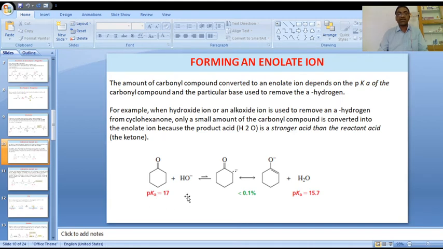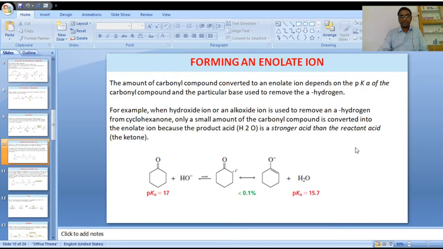It is a weak acid compared with the product, water, and the base is also not suitable for the formation of enolate ion, because in this reaction we are getting a small amount, less than 0.1 percent, of enolate ion. For that purpose, what can we do? We'll discuss clearly on the next slide. Okay.